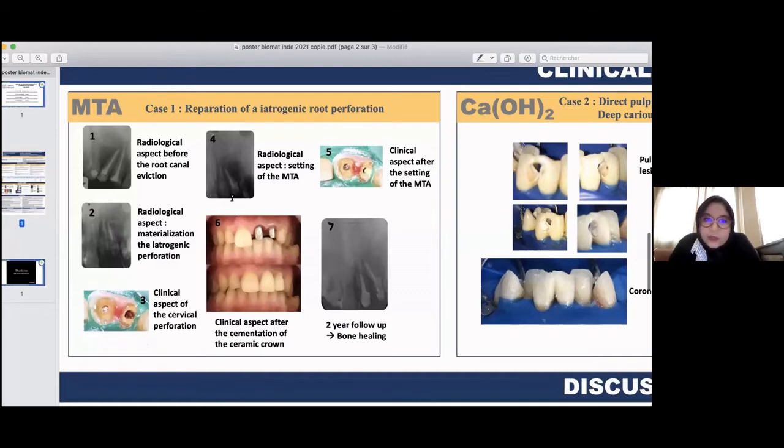Then we proceeded to the obturation of this perforation with the first biomaterial. Then we proceeded to a radiological examination that showed complete filling and sealing of the exposed area.